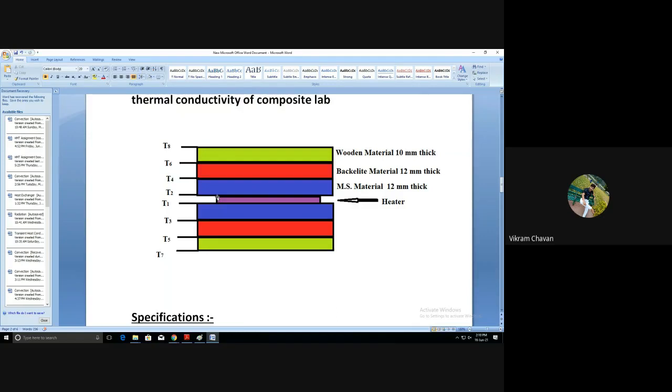So why is an aluminum plate used? Because aluminum has a great thermal diffusivity. Whatever heat is received from the heater will get diffused easily in the aluminum plate, and it will be uniformly distributed over the entire surface area, and then provided to our composite wall.